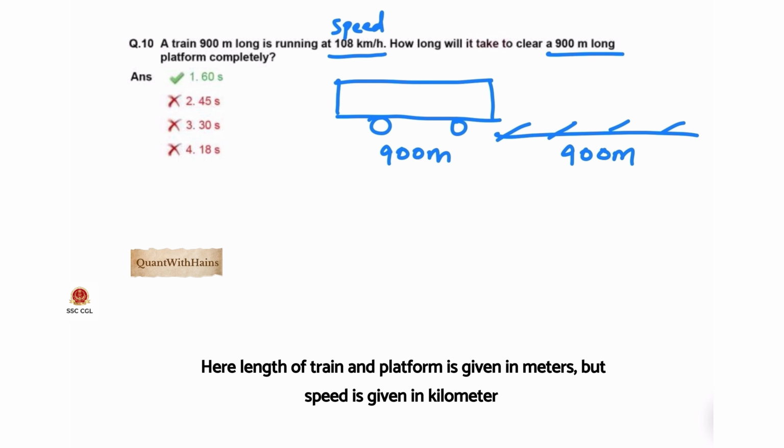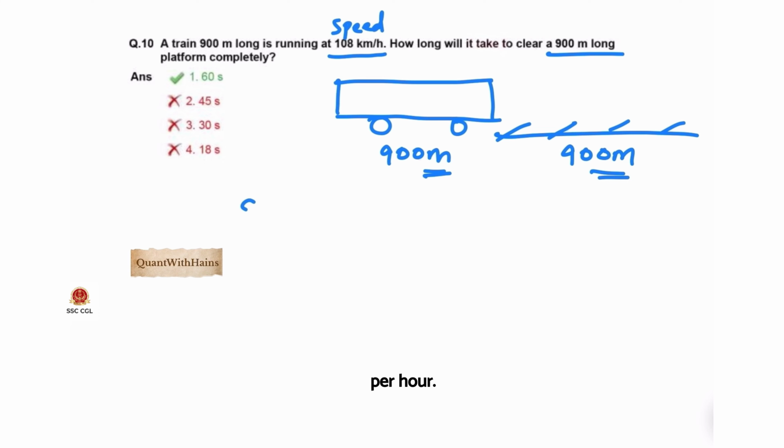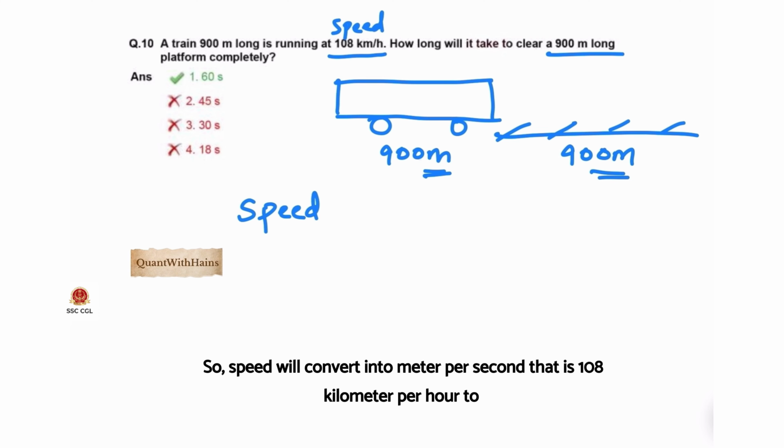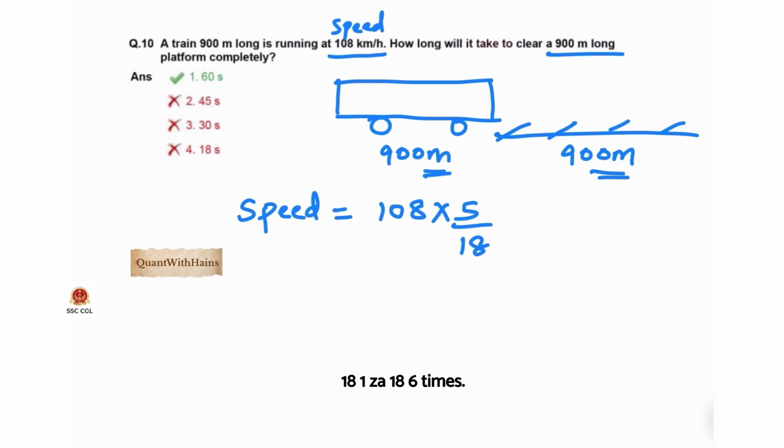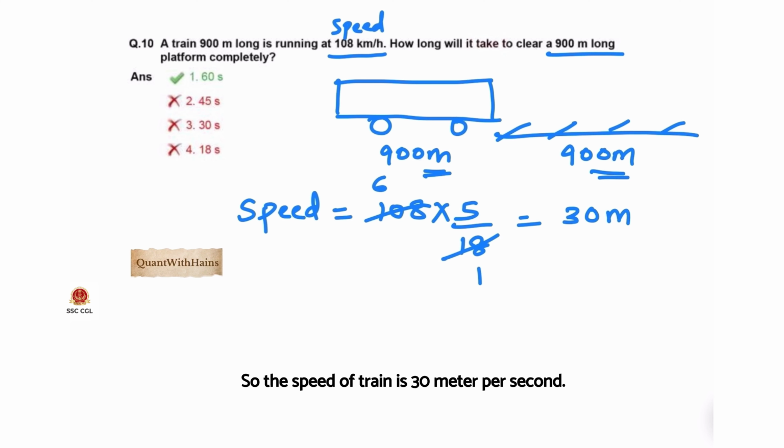The length of the train and platform is given in meters, but the speed is given in kilometers per hour. So we convert the speed into meters per second. That is 108 kilometers per hour; to convert into meters per second, we multiply by 5 by 18. 18 ones are 18, 6 times. So the speed of the train is 30 meters per second.